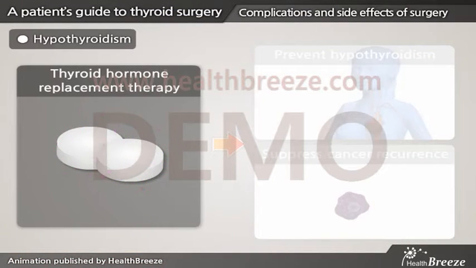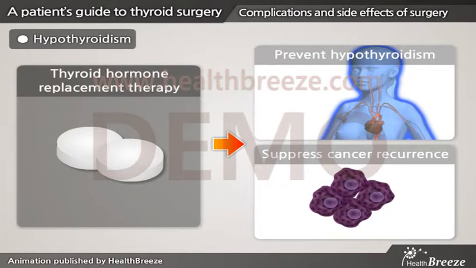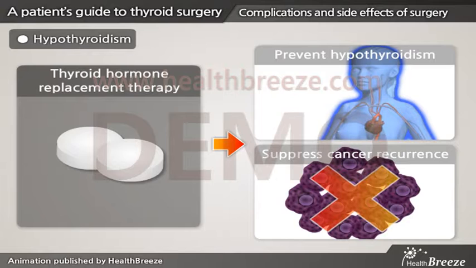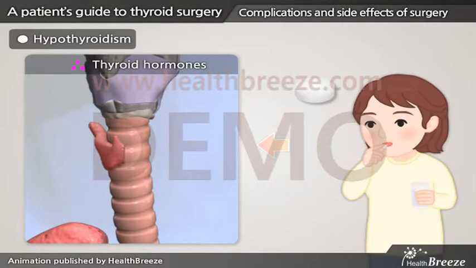Therefore, thyroid hormone replacement therapy is required to prevent hypothyroidism and also to suppress thyroid cancer recurrence. Meanwhile, in case of a partial thyroid resection, your thyroid function is usually preserved. However, sometimes the thyroid hormone replacement therapy is still given to suppress the thyroid function and tissue.